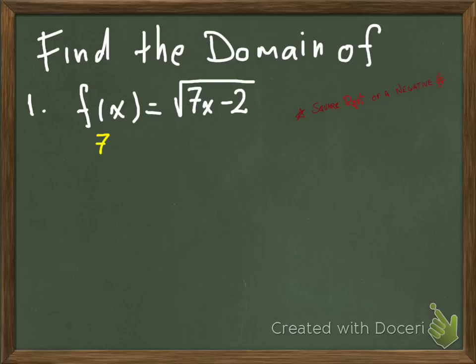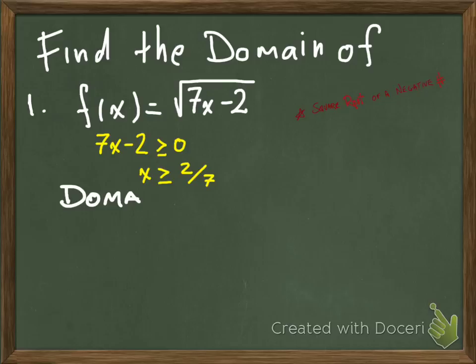So all we have to do is make sure that 7x minus 2 is greater than or equal to 0. And solving that inequality gives us x is greater than or equal to 2/7. Therefore, the domain of the function here is from 2/7 to infinity, everything greater than or equal to 2/7.